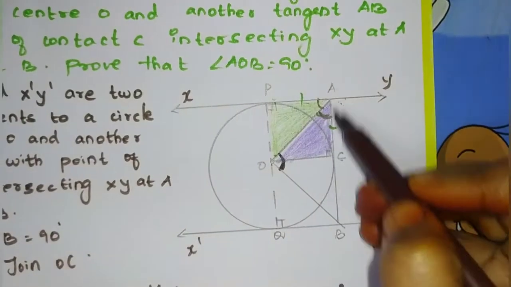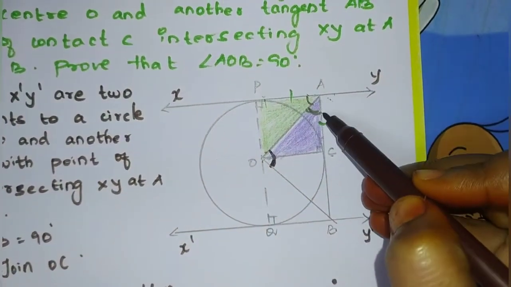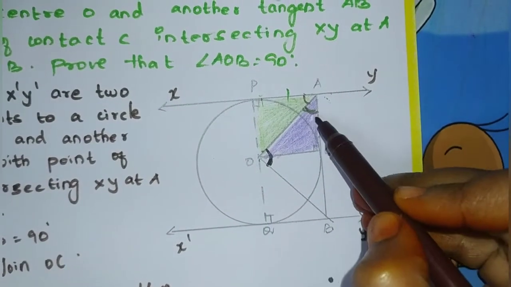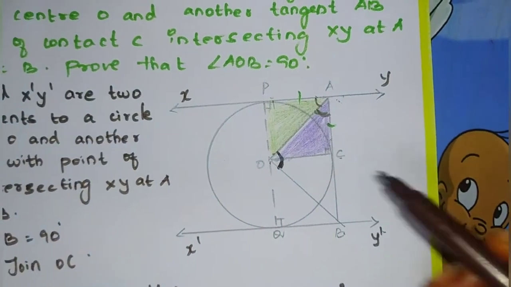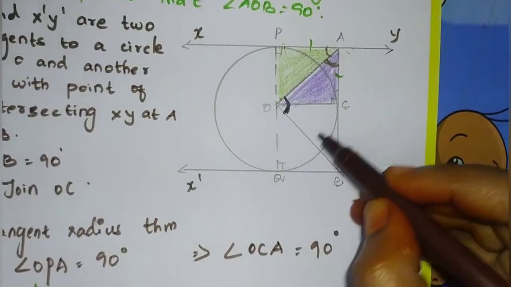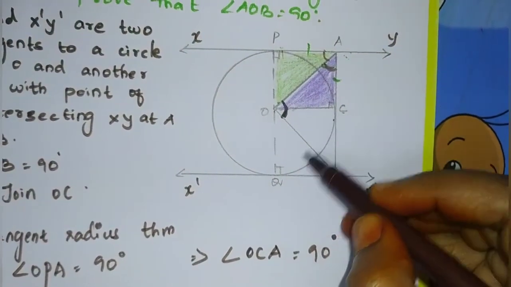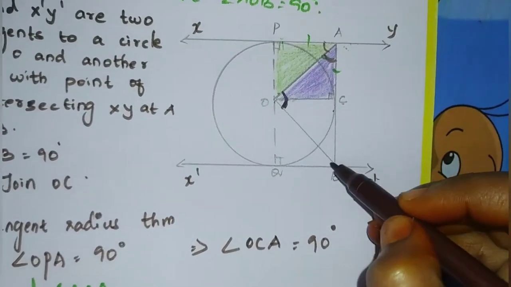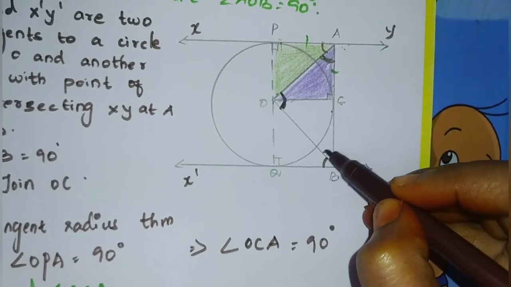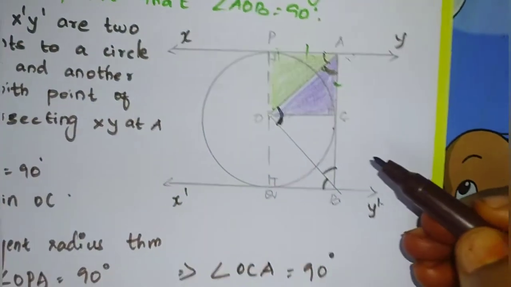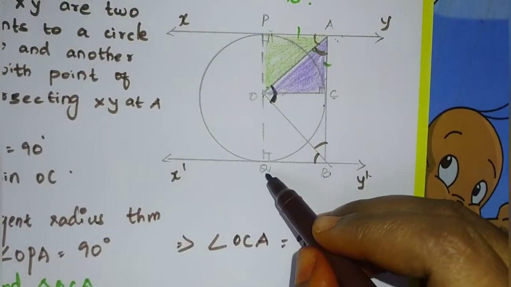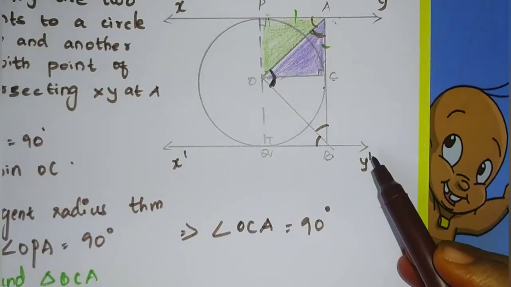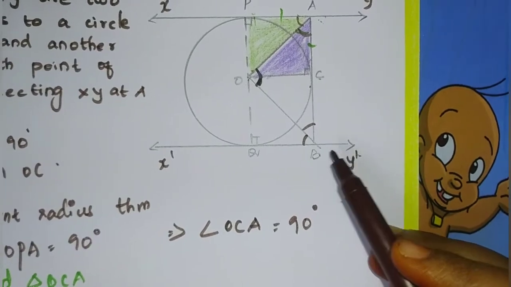Similarly, we can take these two triangles and prove that they are congruent, and similarly these two angles will be equal and half of angle QBA. Clear, children?